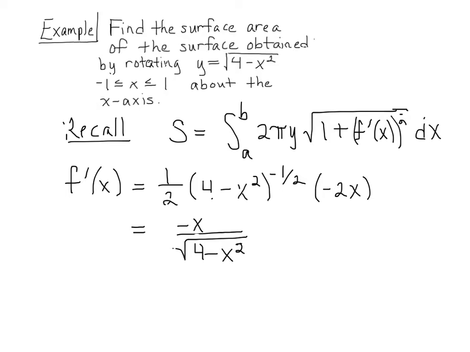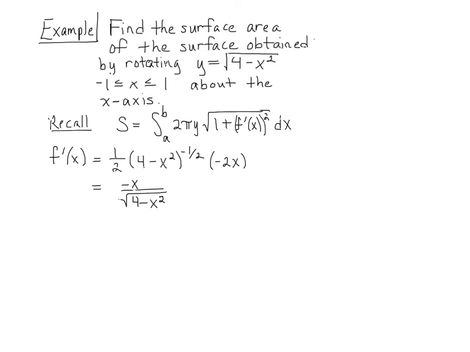Now, we use this in our formula. We know that y is the square root of 4 minus x squared, so we substitute that in for y.